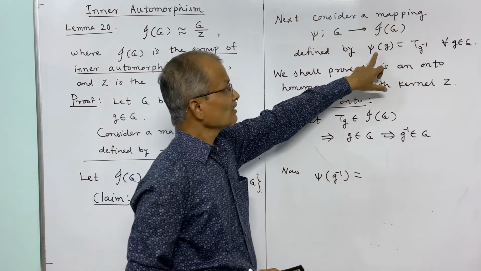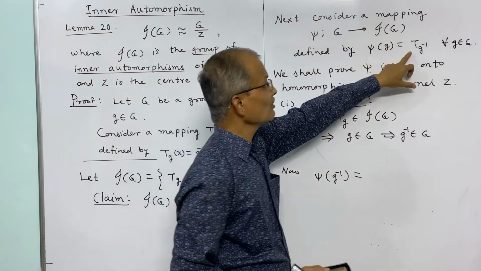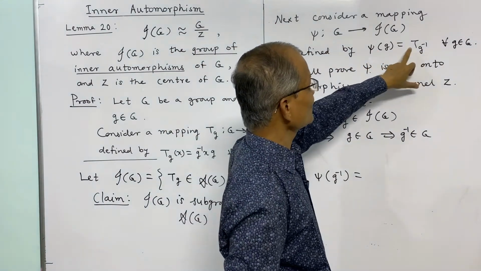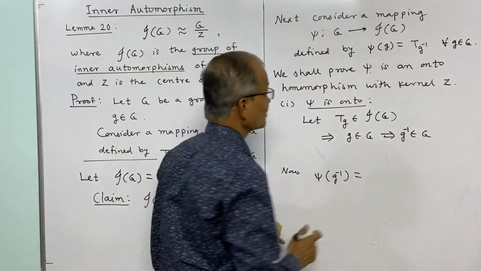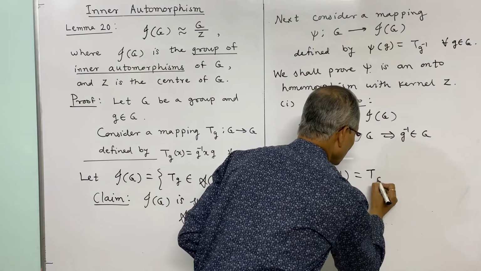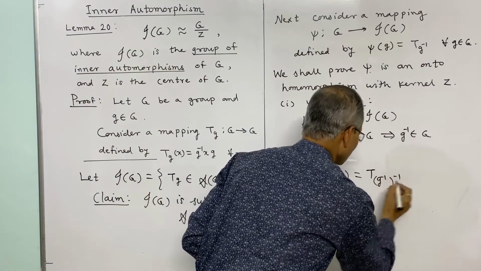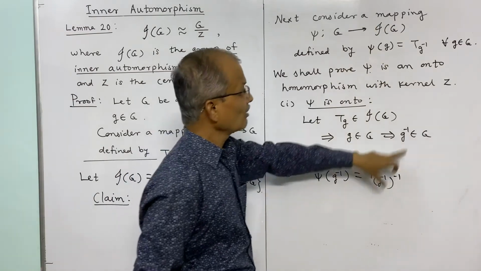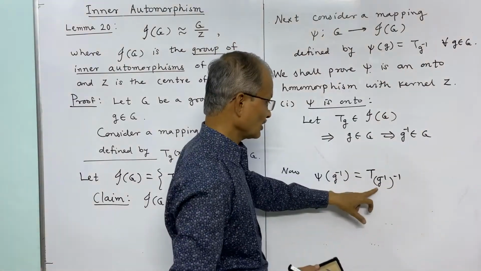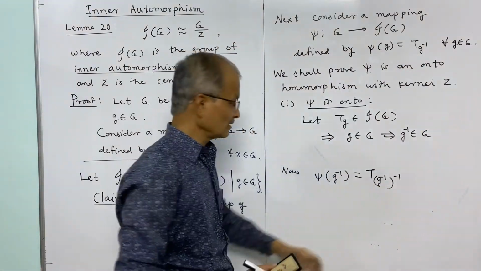Psi of g inverse is equal to T of g inverse, its inverse. Instead of g, we have g inverse here, so this will be T inverse of g inverse by definition. Replace g by g inverse on both sides. And what is the double inverse of g? It is Tg.